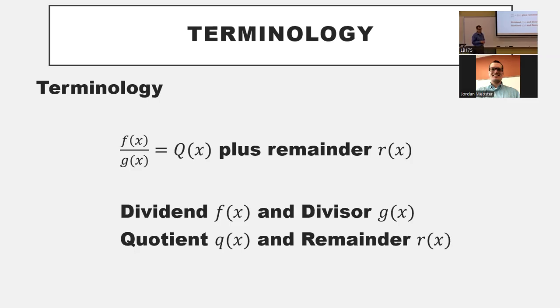That's the leftover piece. So dividend over divisor equals quotient plus remainder. It's not a big deal. You're not going to be tested on the language, but I'm going to use the language when I go through it. So that's all I'm saying.